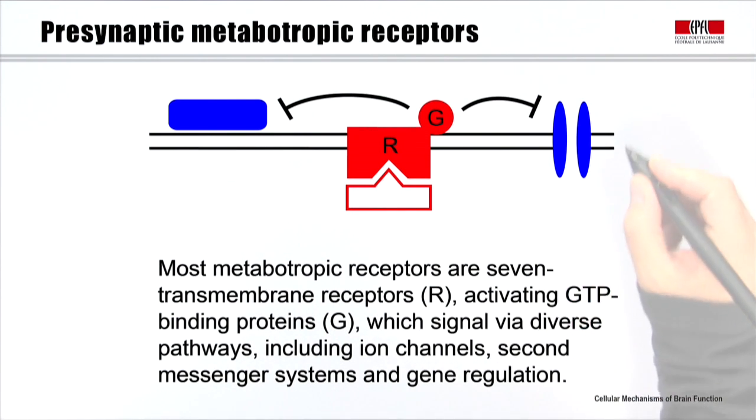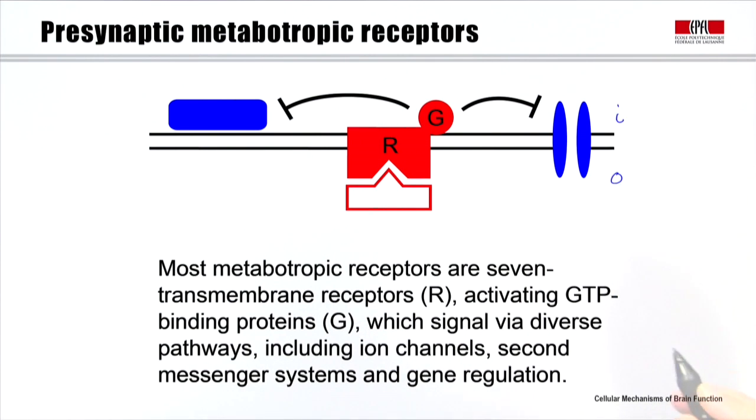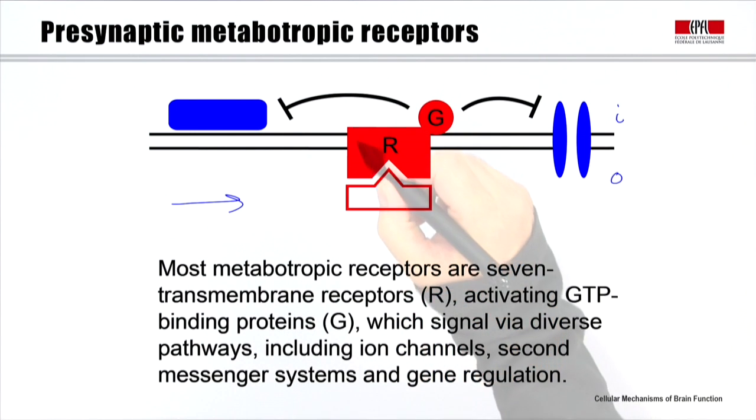If this is a piece of the plasma membrane, and this is the outside, and this is the inside, then here in the extracellular space, we have neurotransmitters diffusing around. Some of these neurotransmitters might bind to one of these 7 transmembrane receptors. They have 7 parts that cross the plasma membrane. These are the alpha helices.